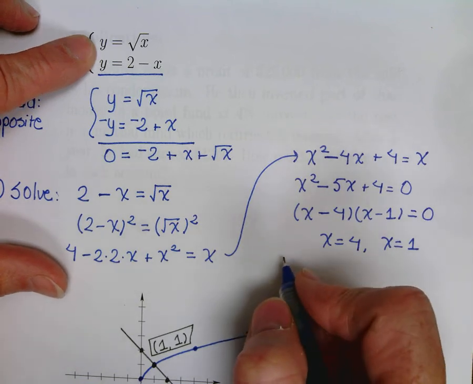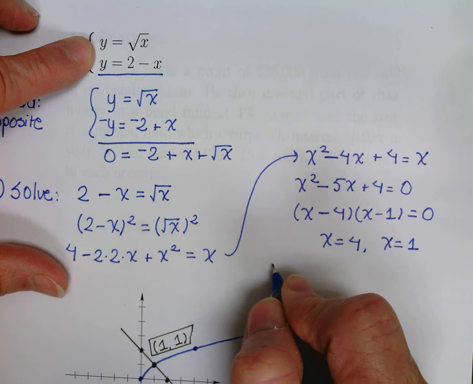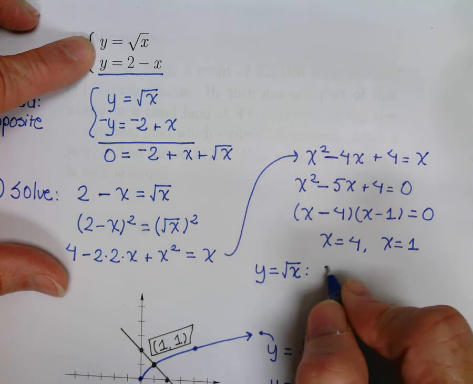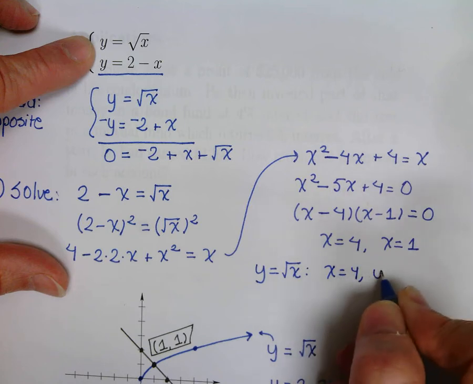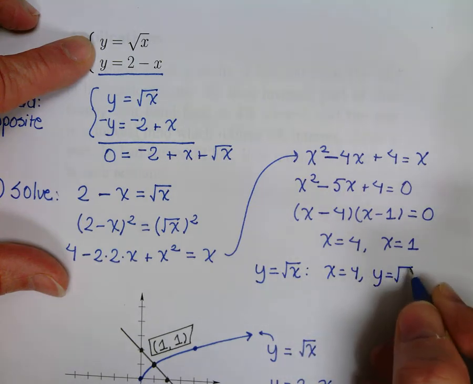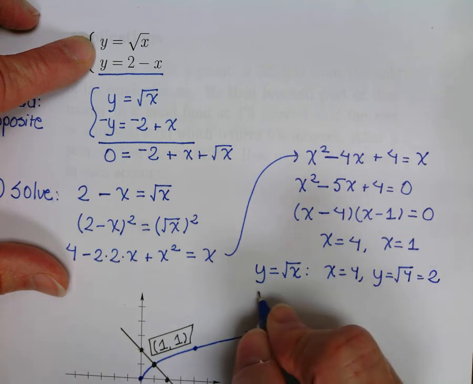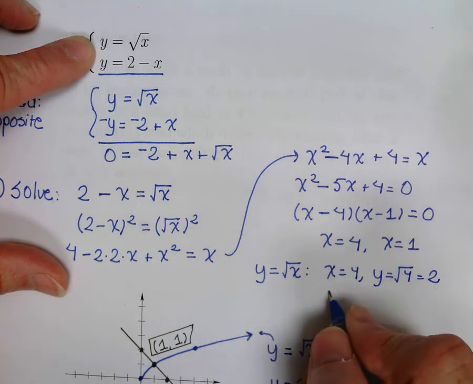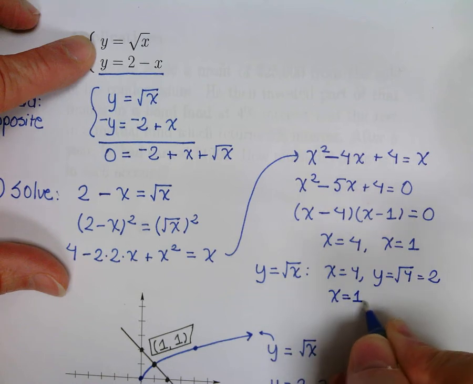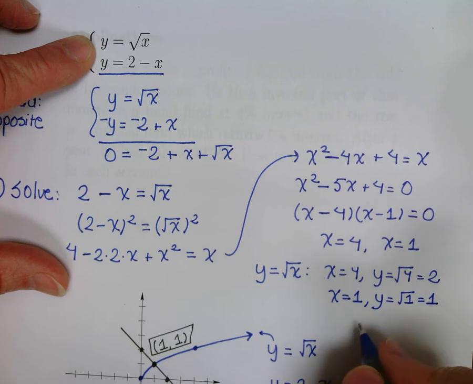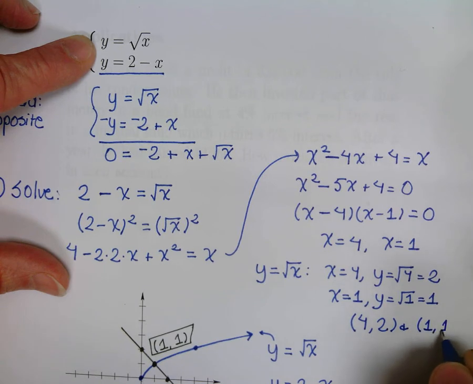Let's look at the top equation, y equals the square root of x. So if x equals 4, y equals the square root of 4, which is equal to 2. And also if x equals 1, y equals the square root of 1, which is equal to 1. So we have two possible ordered pairs, 4, 2, and 1, 1.